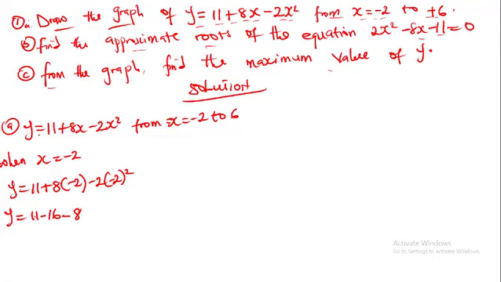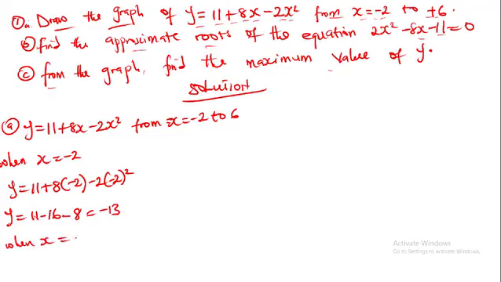And then when we add up the numbers, what do we have? 11 minus 16 minus 8, and that will give us minus 13. So when x is minus 2, y is minus 13.